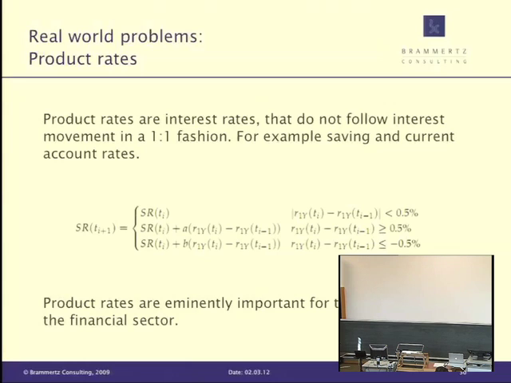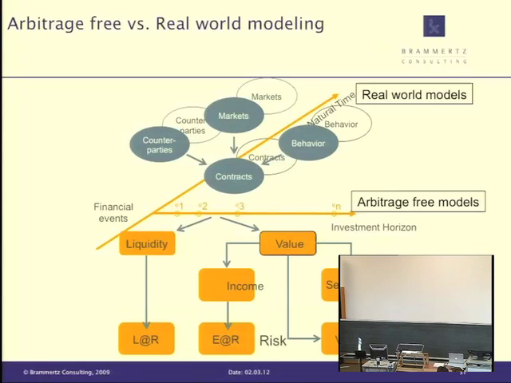And then the other thing, if the rate goes down, then it's B times, and B is probably bigger than 1 because we try to go fast down with the rates. So that is a model of your own behavior, how you adapt rates. Somehow there is a forecast because it's you as a bank who decides to do so. But of course you do not do it fully on your own because you have competition. So it's art. So they are important. So if you model things like that, you have to model a saving rate as well.